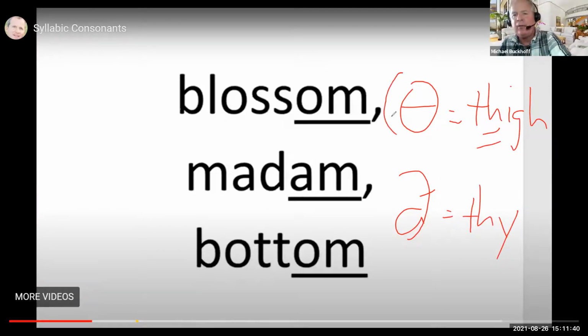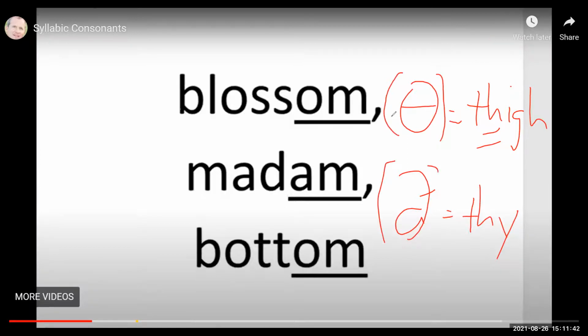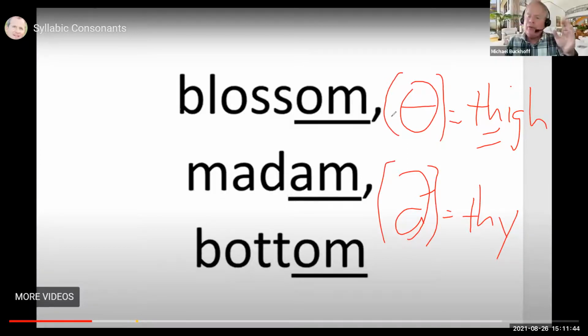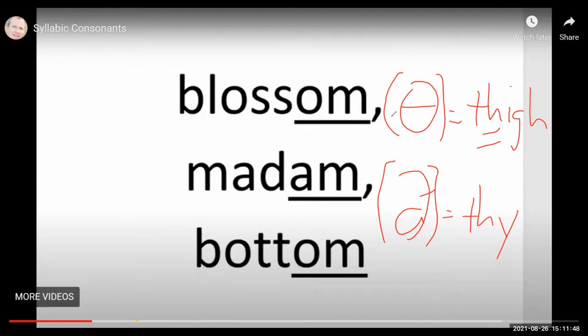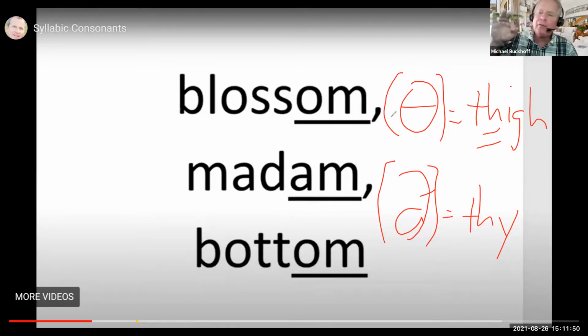What might be a little confusing is they're produced exactly the same. The only difference is the state of the glottis. Remember we talked about there being three basic characteristics of consonant sounds. These two sounds are produced exactly the same way. The only difference is the theta is a voiceless consonant and the eth is a voiced consonant. That's the only difference we can say about those two sounds.